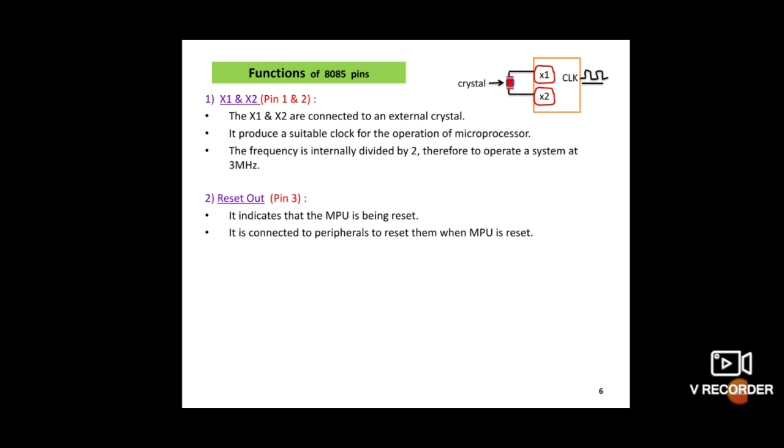Means if the MPU resets, it sends an output signal to the connected peripheral devices. That is, the microprocessor unit sends a signal saying I am resetting, so you also reset. So RESET OUT means the microprocessor is in the reset position.